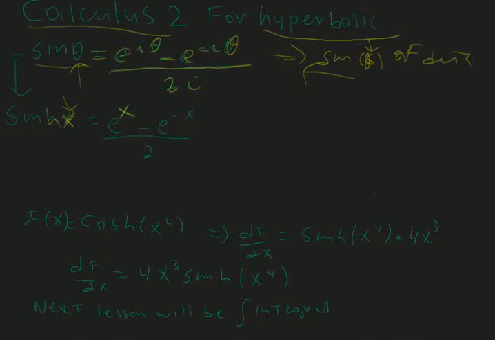But when you are doing hyperbolic, sine hyperbolic x will be e to the x minus e to the negative x, all over 2. So that's how it is.